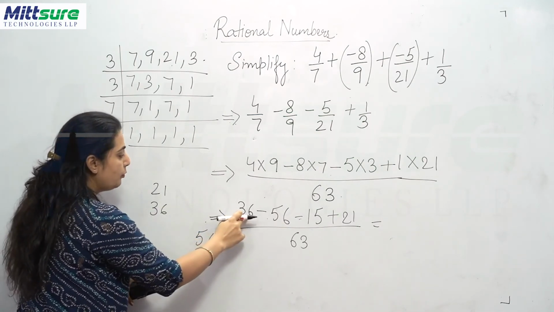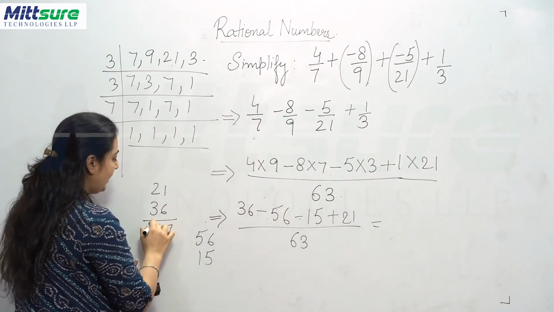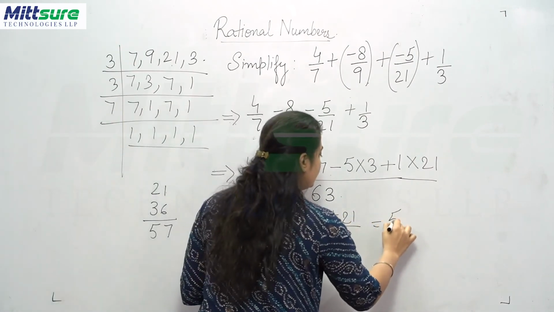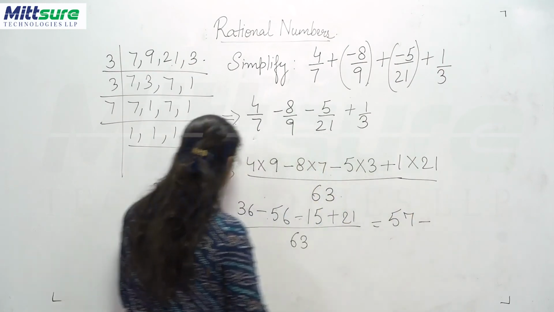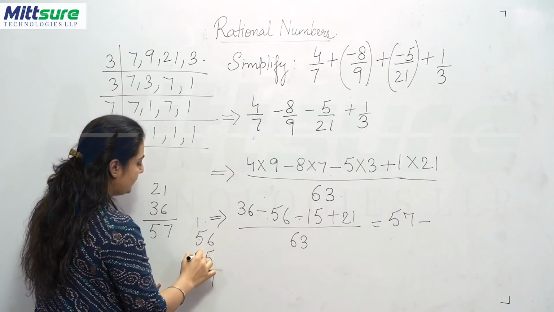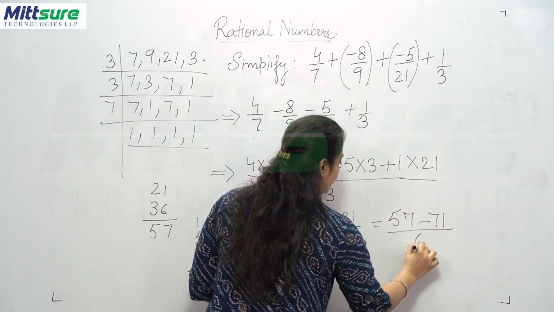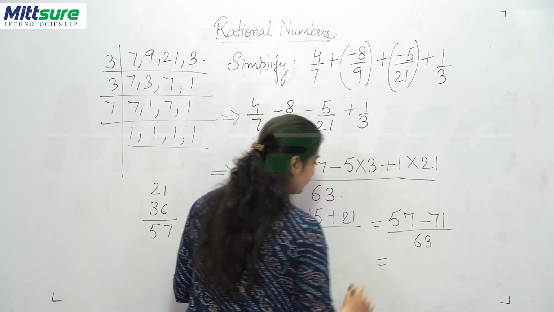The 2 positive numbers are 36 and 21. We will add them: 6 and 1 is 7, 3 and 2 is 5, so 57. The negative numbers are 56 and 15: 6 and 5 is 11, 1 carried, 5 and 1 is 6, 6 and 1 is 7, so 71, minus 71 upon 63.